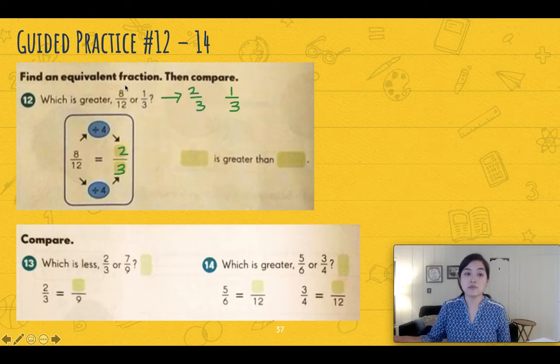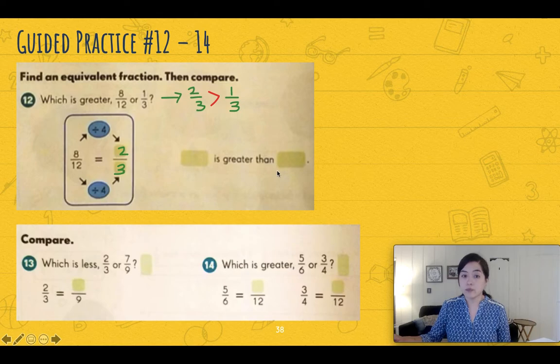Where 2/3 is my equivalent fraction of 8/12, and 1/3 is the same. They have the same denominator, so now these are called like fractions, and it's easy to compare now. I just have to look at the numerator. The numerator 2 is larger than the numerator 1, so 2/3 is greater than 1/3.